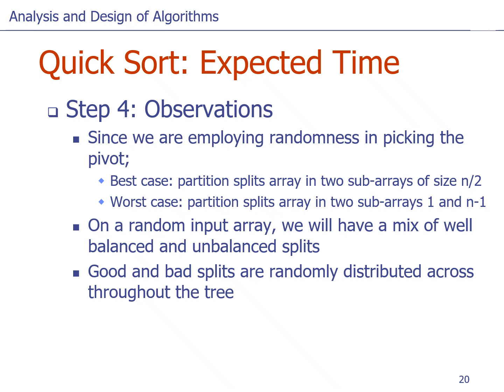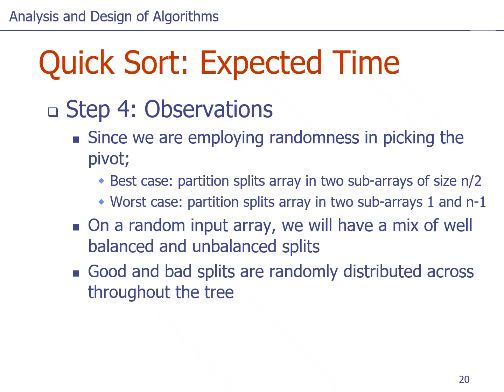Now, the thing is, you have no control. So you are going to get a mix of good and bad pivot selections. Sometimes you roll a dice, you get a perfect pivot. You're splitting the array you're working with into 2 equal halves. And sometimes you will roll a dice and generate the random number you're after, and you will get the smallest value picked or the largest value picked.